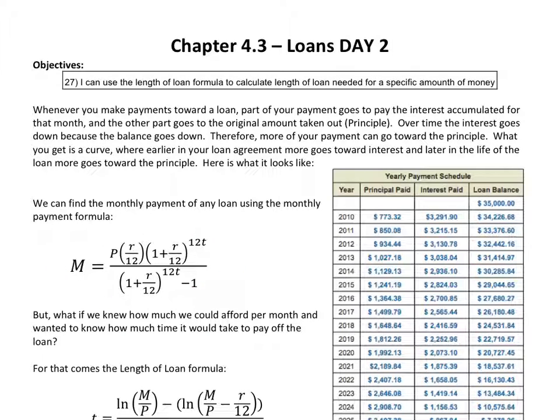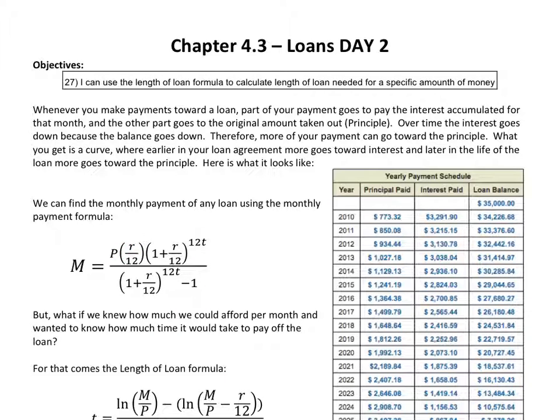If you have not or were absent, you might want to pause the video and put this into Desmos. This formula here calculates what your monthly payment would be based on a particular amount of money, the principal amount that you want to take a loan for.